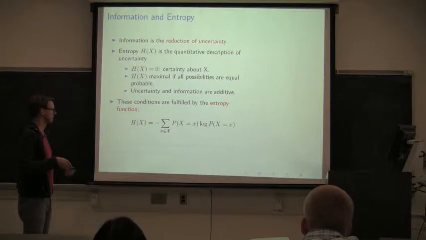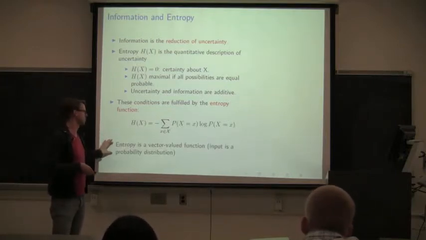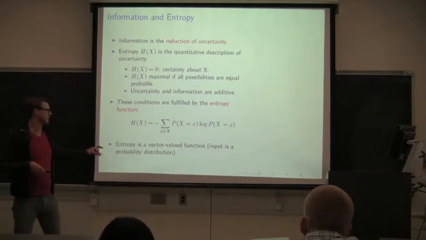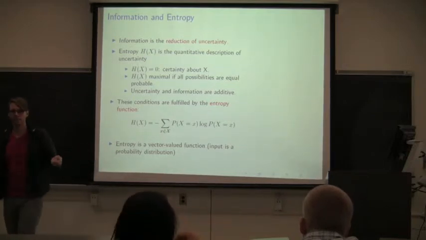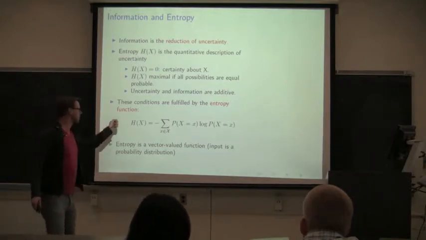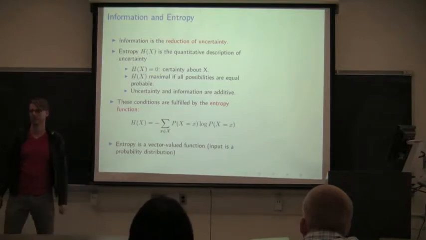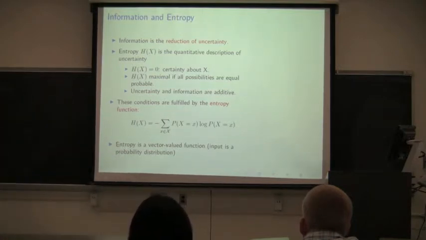The entropy is a vector valued function, which means that the input is not a single value of x, but the whole probability distribution. So think of the input as all values with assigned probabilities. This will also answer one of the questions that came up last week.